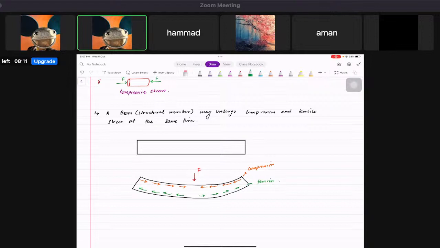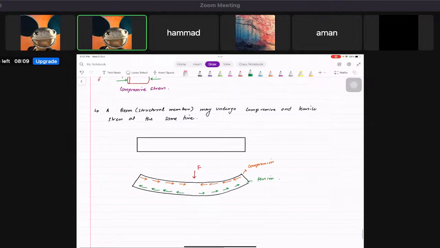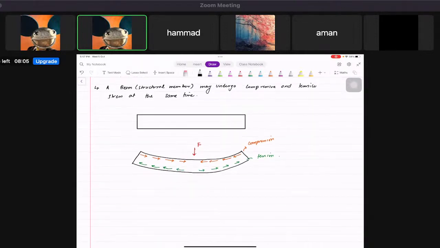Generally, these members are made from concrete. And I just want to tell you that from a materials perspective, usually in construction we use concrete and steel. Concrete is strong under compression, it doesn't give in compression, and very weak under tension.